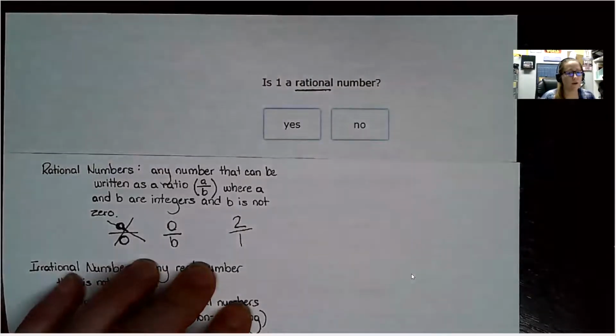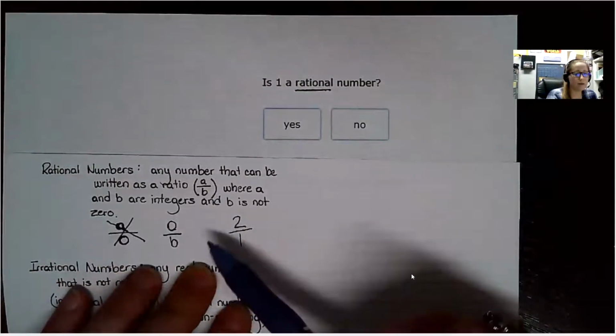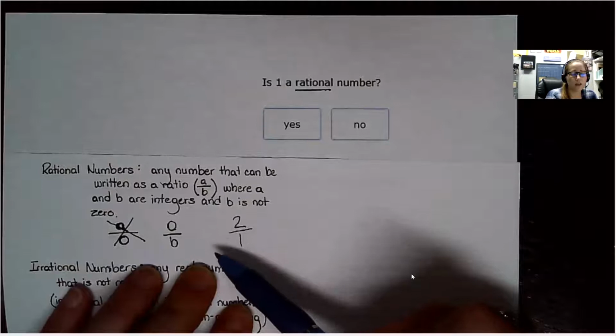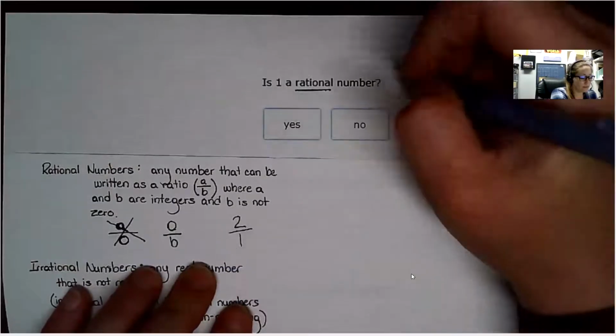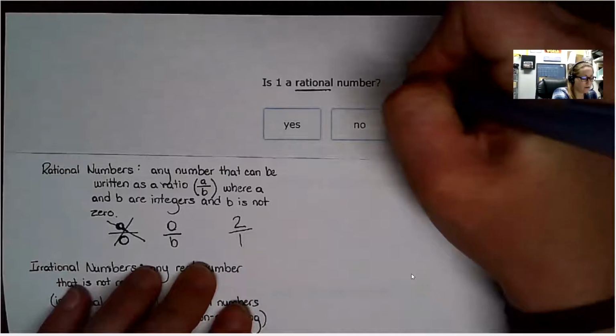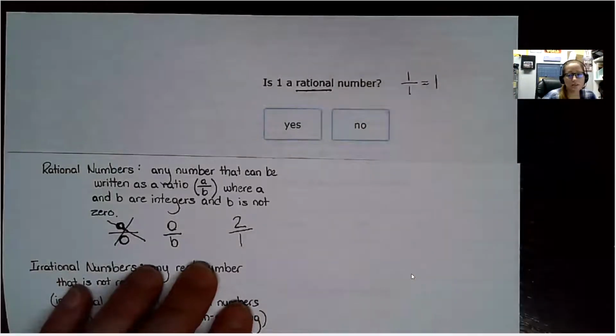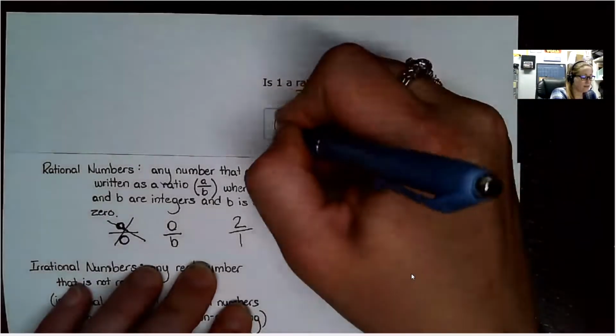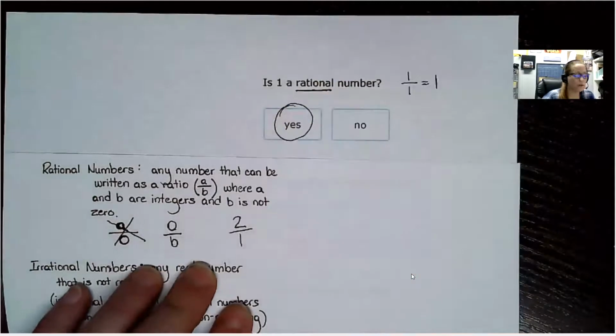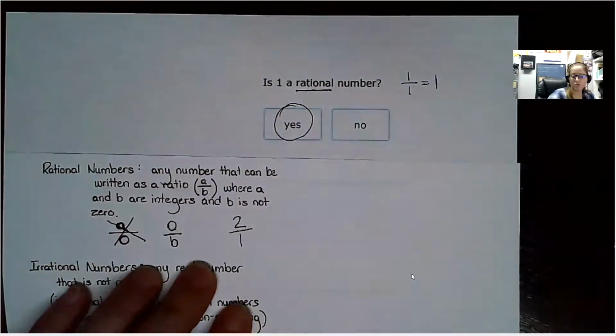And in this case, they want to know about rational numbers. So we're going to go back to this definition and say, okay, well, 1 can be written as a ratio. We can always say that 1 over 1 is the same thing as 1. So since it can be written as this ratio, we would say that yes, the whole number 1 is a rational number.